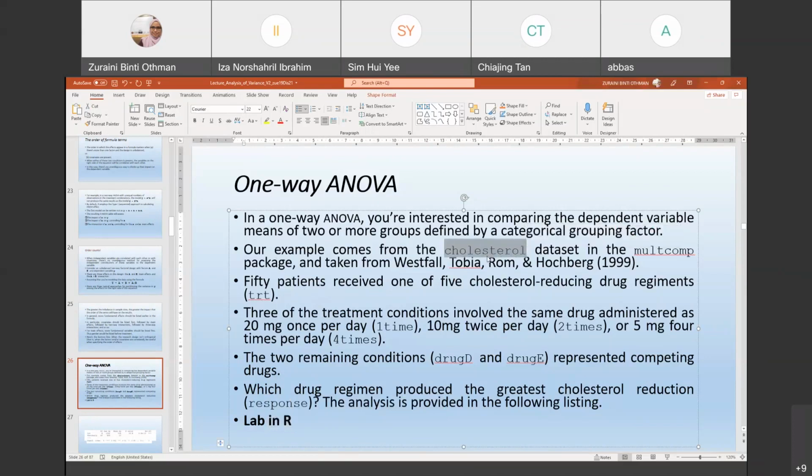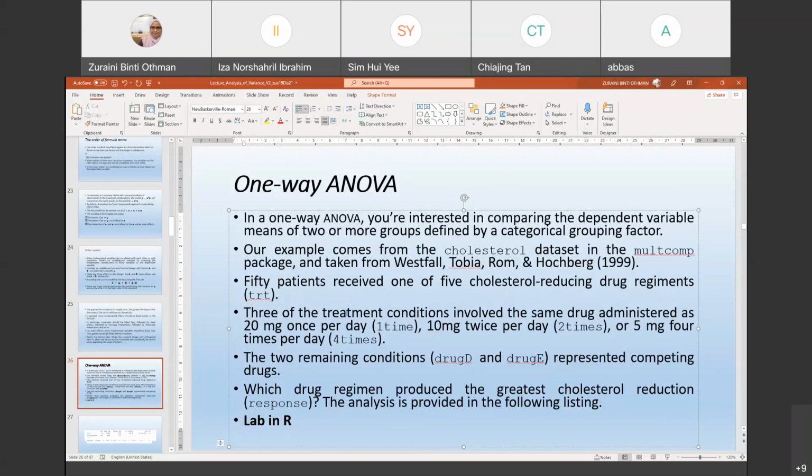This dataset is already in R, in the multcomp package, taken from its authors. 50 patients receive one of 5 cholesterol-reducing drug regimens, TRT.